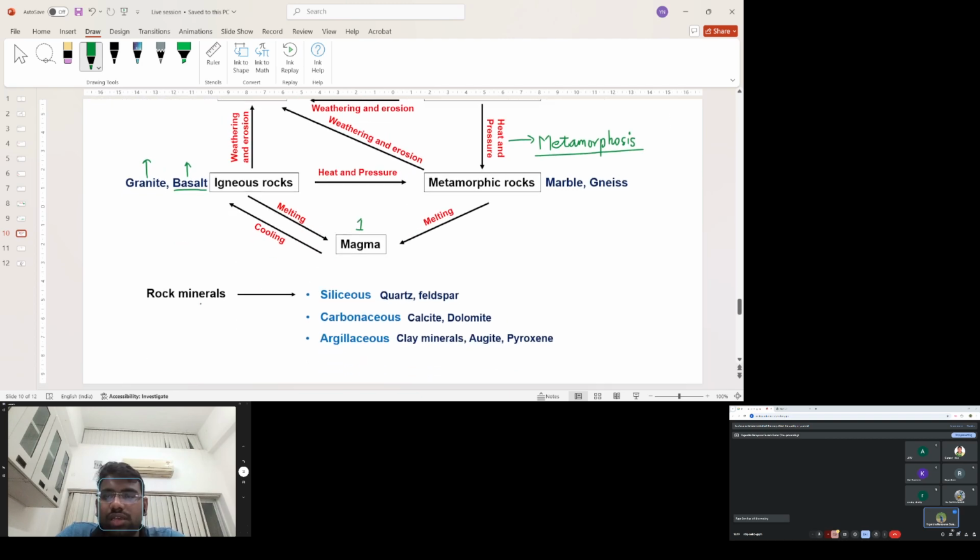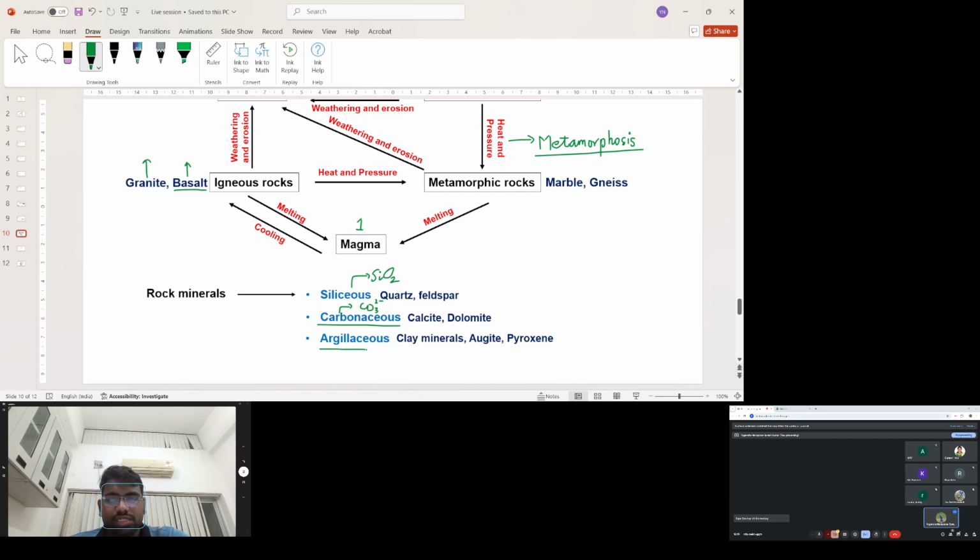and the minerals are essentially classified as siliceous rocks, which are dominant in silica, SiO2, and carbonaceous, which are dominant in carbonates, CO3 2 minus. It can be calcium carbonate, magnesium carbonate, calcium magnesium carbonate, anything.